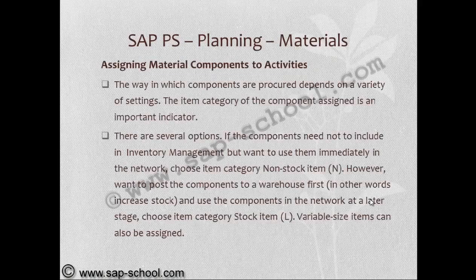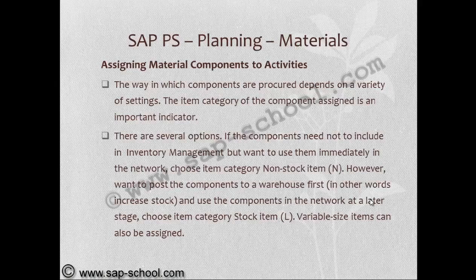The way in which components are procured depends upon a variety of settings. The item category of the component assigned is an important indicator. There are several options. If the components need not be included in network inventory management but you want to use them immediately in the network, choose item category non-stock item.